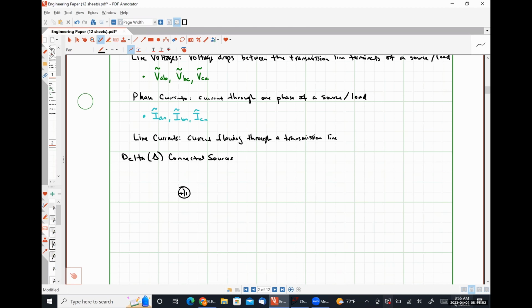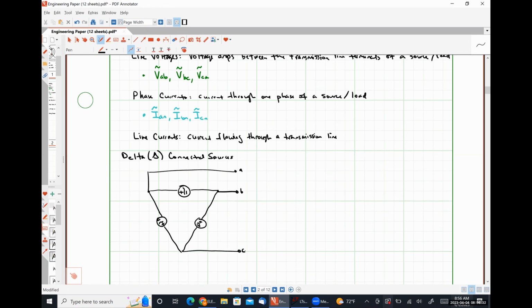So we're going to have one voltage source here. One voltage source here. One voltage source here. Let's make our A terminal be up here, our B terminal be here, and our C terminal here.